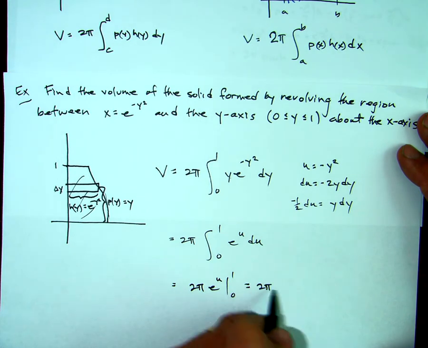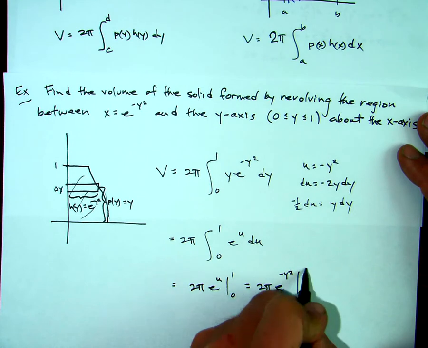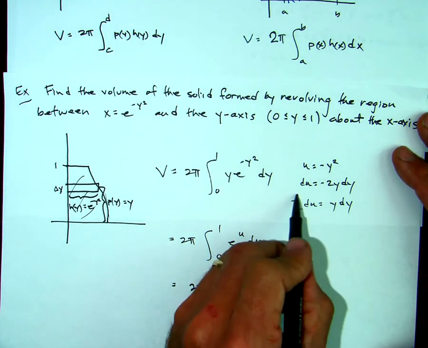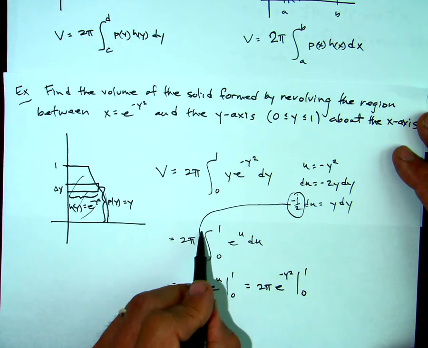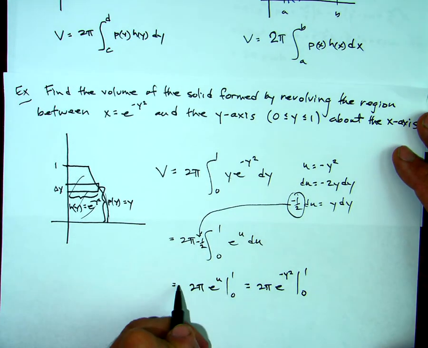So 2 pi, and this is e to the negative y squared, from 0 to 1. If I plug those in, oh, and whoops, this has to go out here, right? I got that negative 1/2. So let me just bring that along.